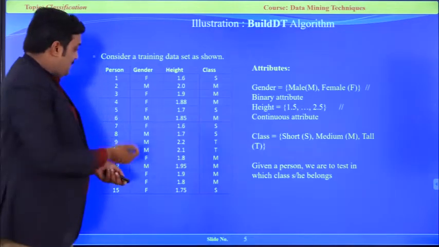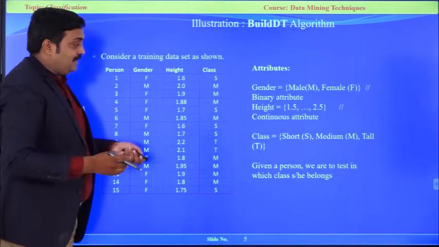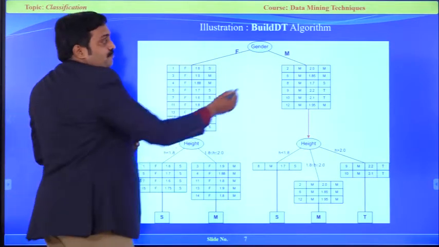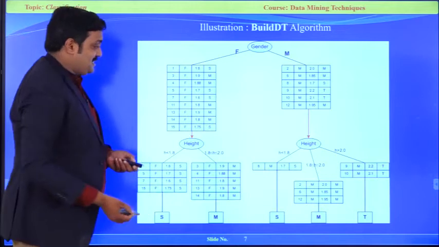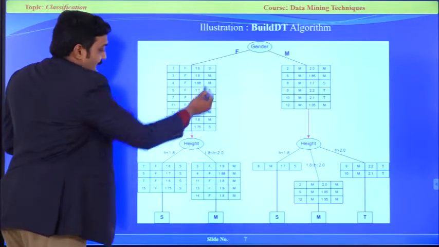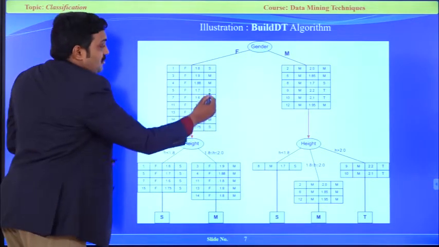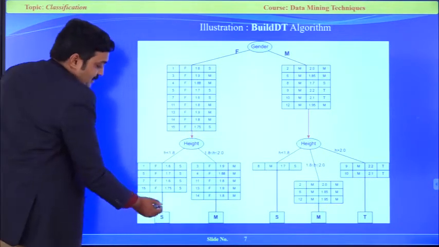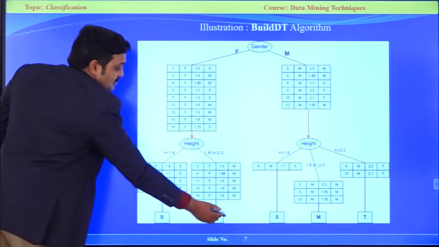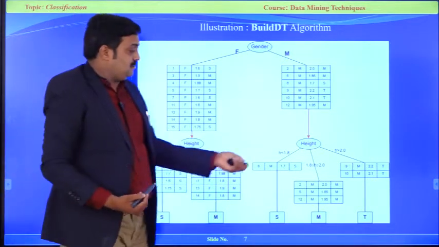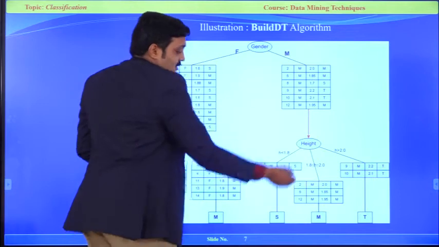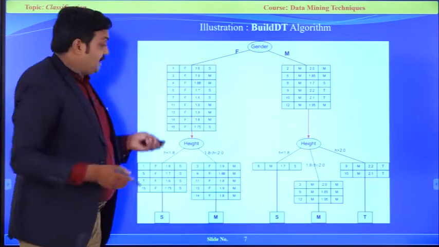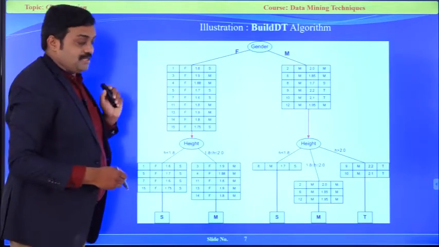So this data I am going to split, clearly I am showing females here, males. Now the second condition is height: height less than 1.8, between 1.8 to 2.0. Then based on that I am going to decide small size, medium size. Here also based on this data, small, medium, tall, same information, full construction.